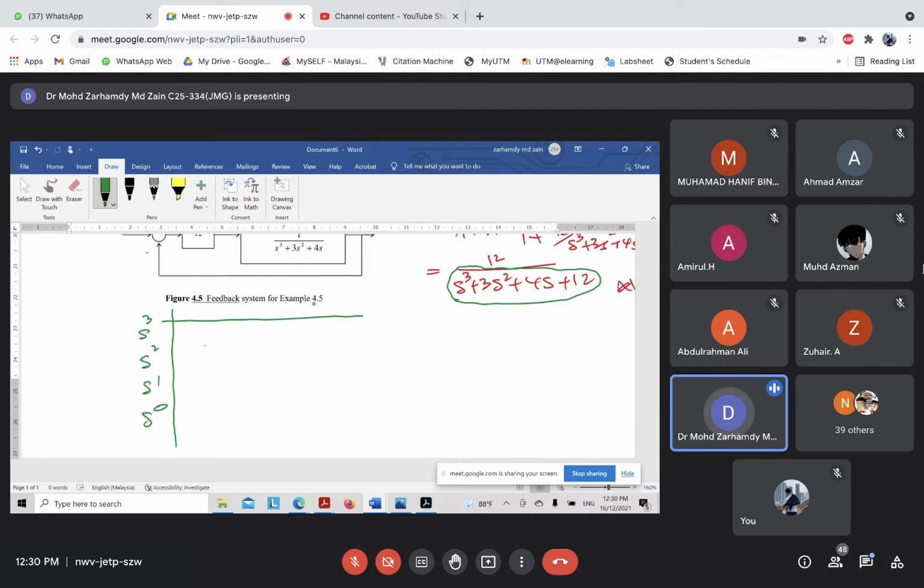Now from here we put the order based on the concept of RH. So we have 1 and we have 4. We don't have anything, so 0. The second row is 3 and 12.